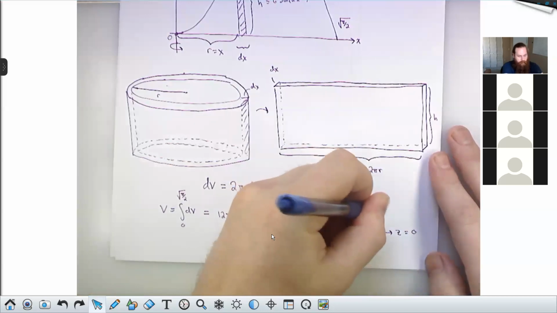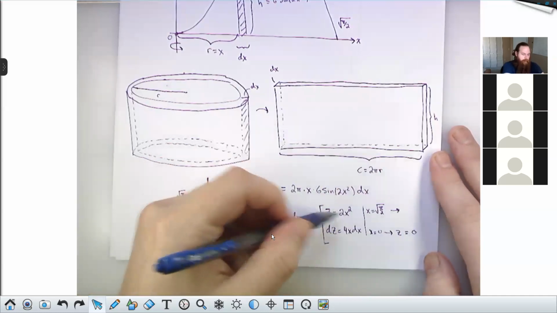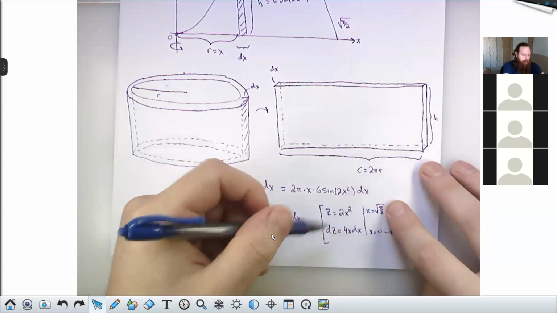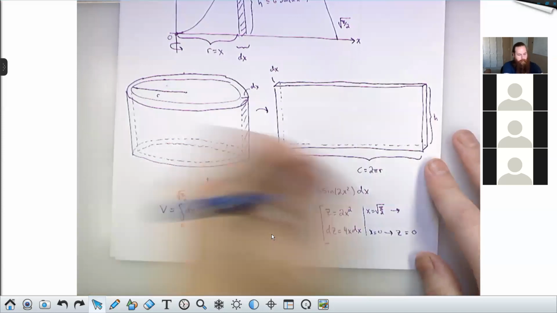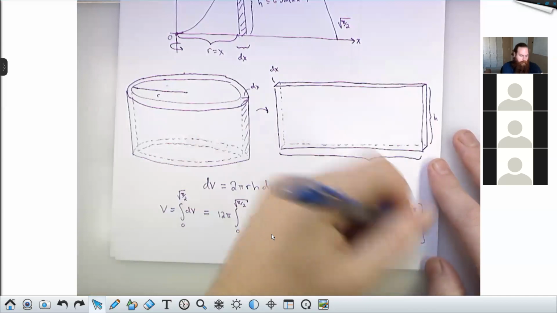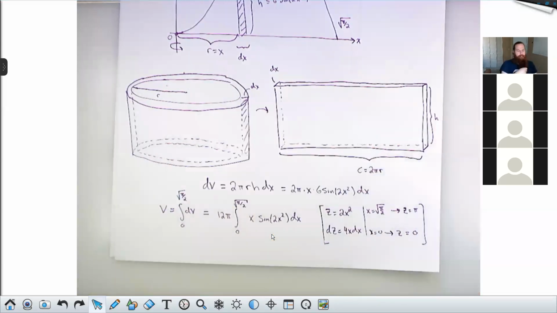When x is equal to the square root of pi over 2, z is going to be 2 times that squared. Well, root pi over 2 squared is pi over 2, and 2 times pi over 2 is pi. So my new bounds are going to be 0 to pi.